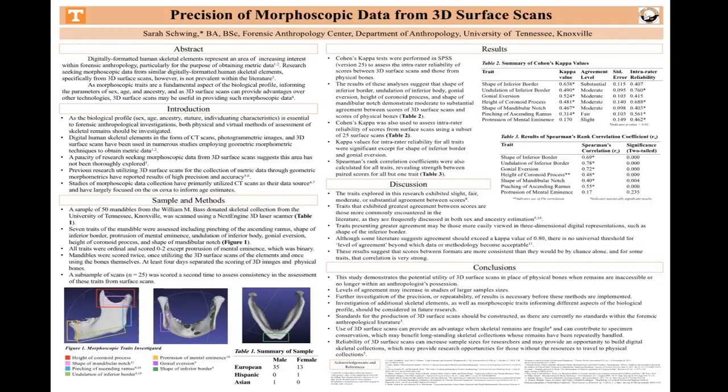So for the first part of that question, how did you score differently in person versus the scanned sample? So the scoring system was the same. I looked at the same traits. I looked at the same character states for each trait.